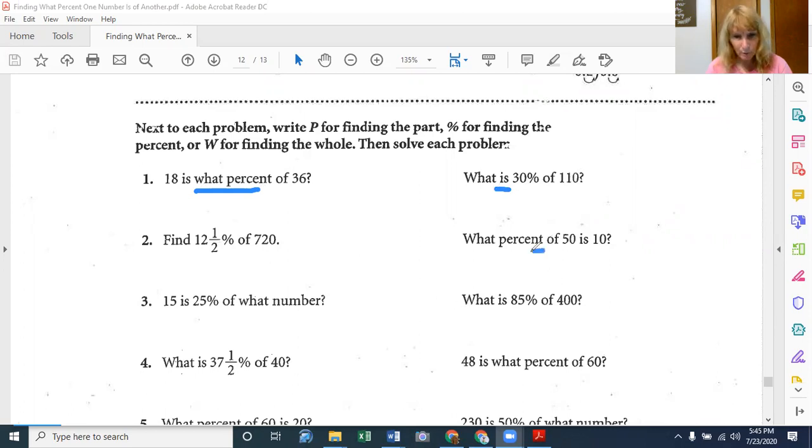This is missing the percent. This is missing, find 12.5% of 720. That's missing the is. That's from the previous packet. 15 is 25% of what number? We're missing the of here. So you've got to look through it. You can use the same formula, just different things will be missing. I'm going to show you that.